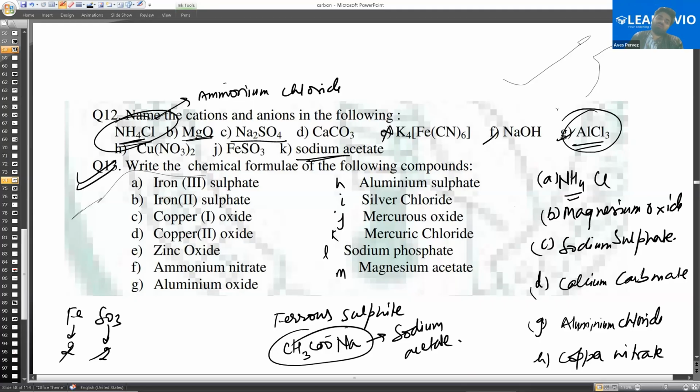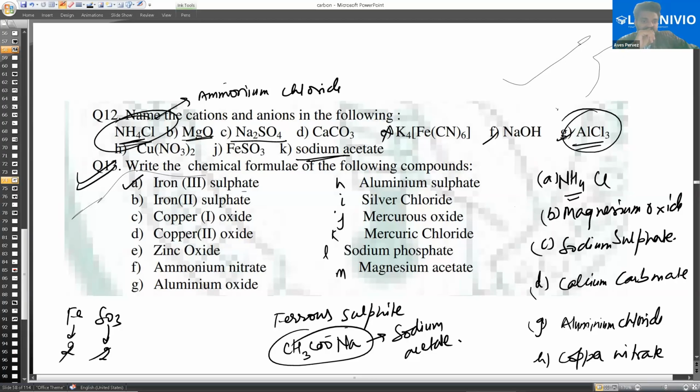Next, another one. What is A? 13A. What is the formula of this compound? Iron sulfate.